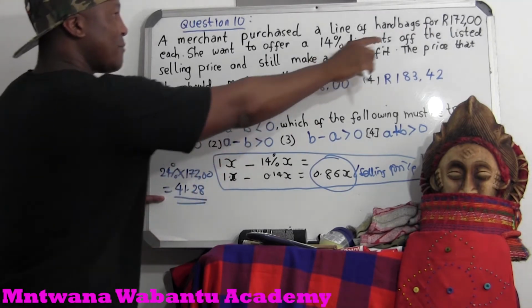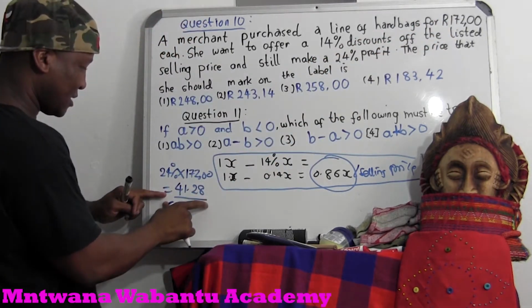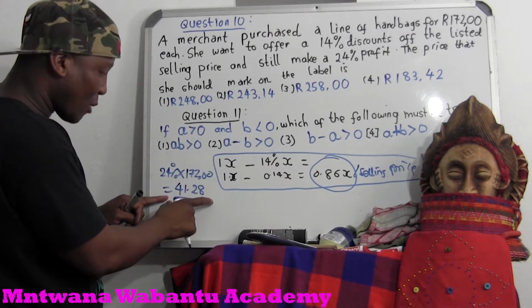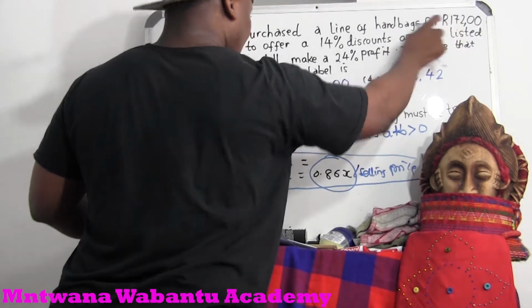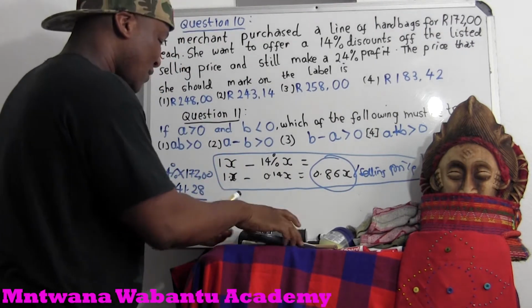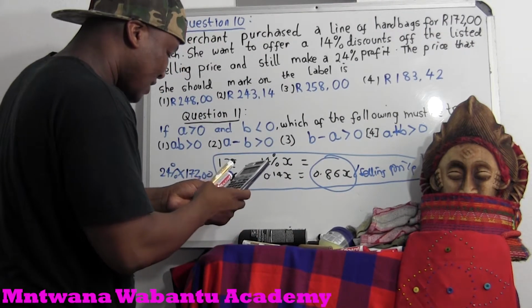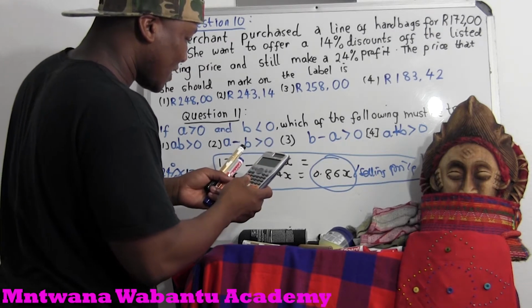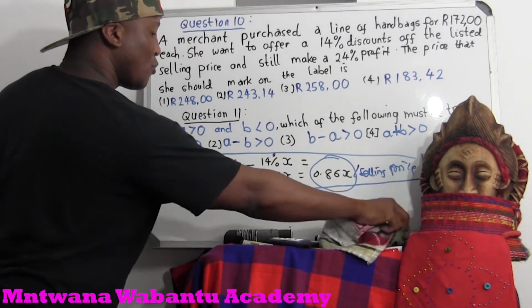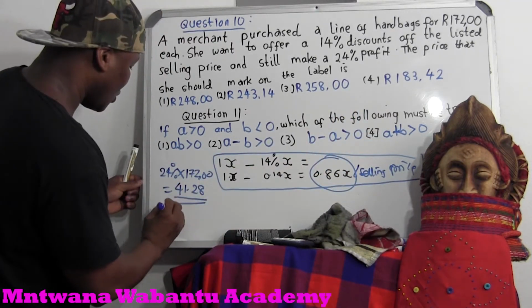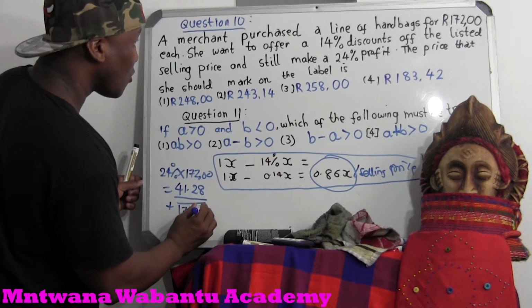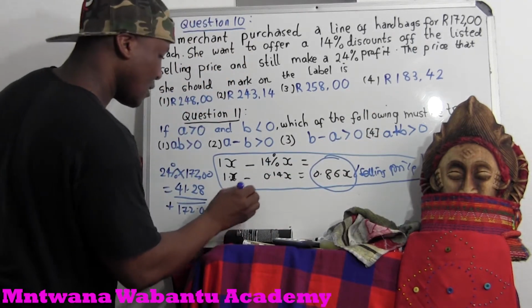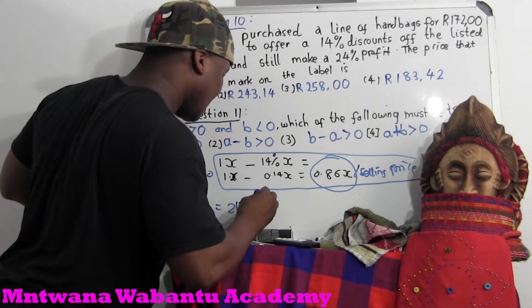I bought this and this is the profit, so to know the selling price, take 41.28 and add it to 172. Adding 172 plus 41.28 gives 213.28.